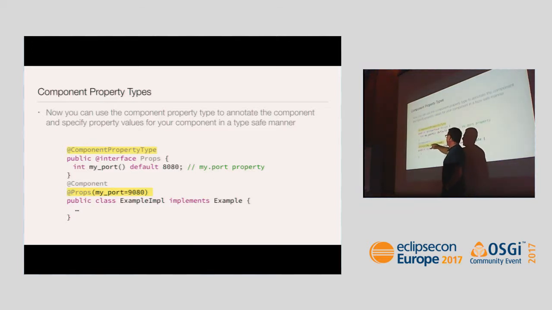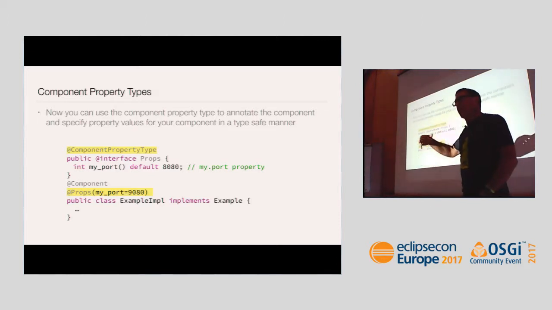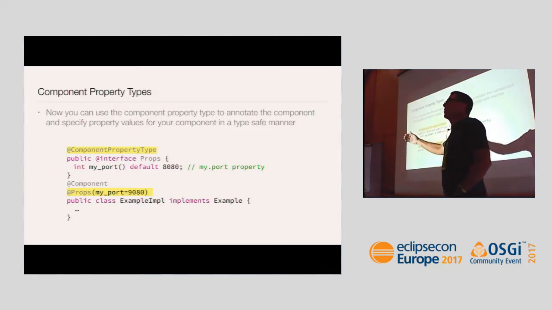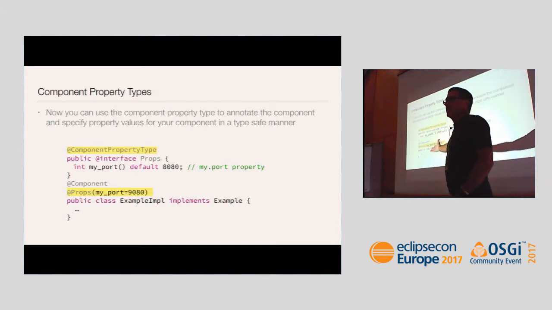So we're writing our property here, and then in the code, which I laid out, it would be the same as before. I can get a props object injected, and then I can call my port on it to get the value, which might not be 9080 because somebody could have gone into my system and configured it to be 243.